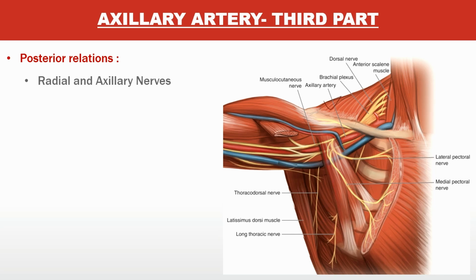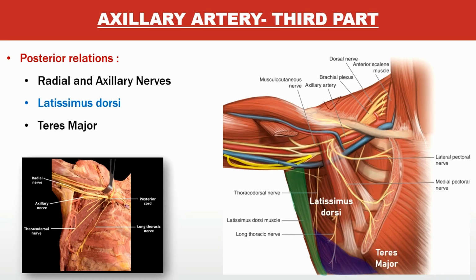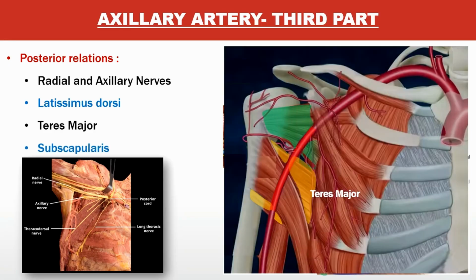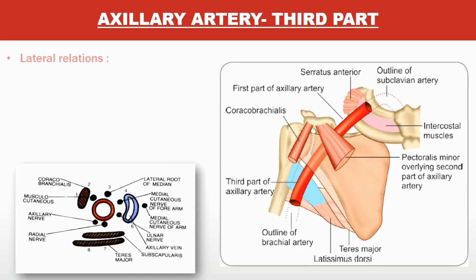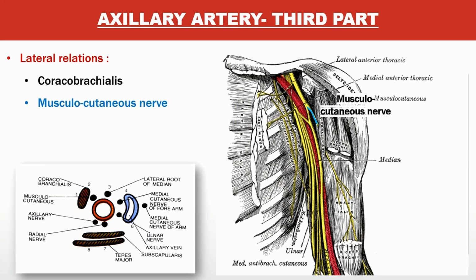So posteriorly we have the radial nerve, we have the axillary nerve, the latissimus dorsi and the teres major muscle. Subscapularis muscle. Laterally, again we have the coracobrachialis muscle, the musculocutaneous nerve, and the lateral root of the median nerve.